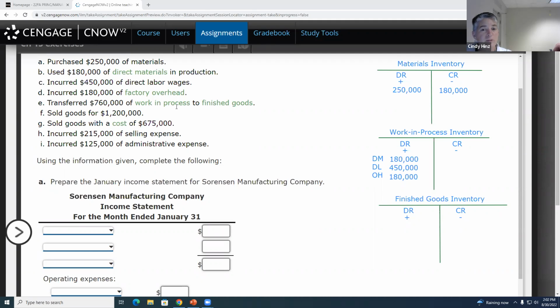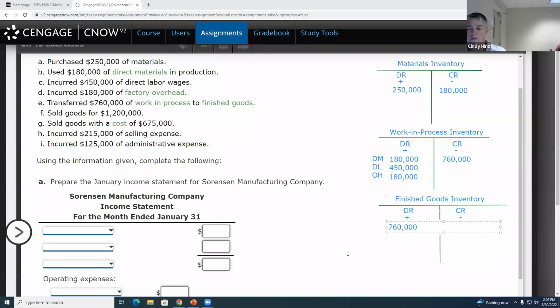So letter E says we transferred $760,000 of work in process to finished goods. Well, what does that mean? Those are products, whatever it is we make, that we had finished. And so we're no longer in process, but we've actually completed them, and now they are available for sale to our customers.